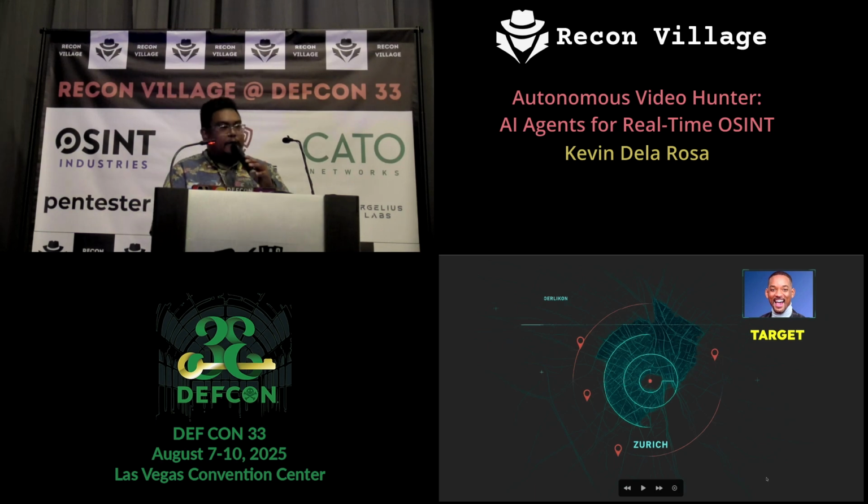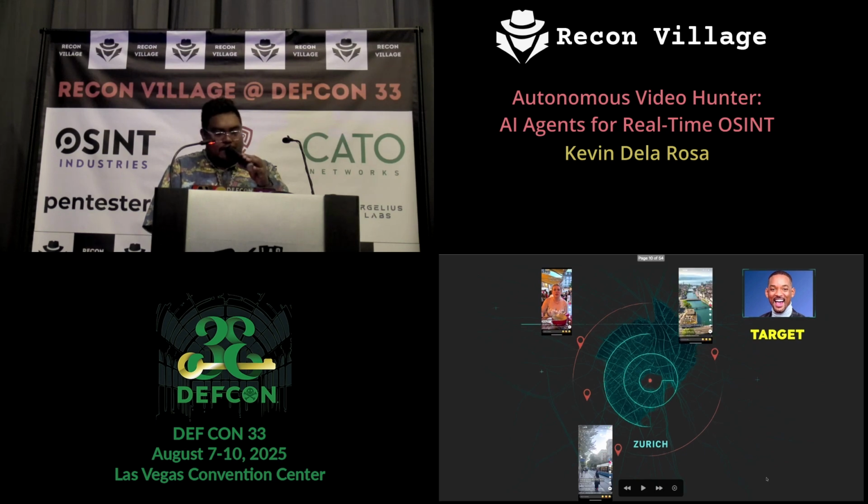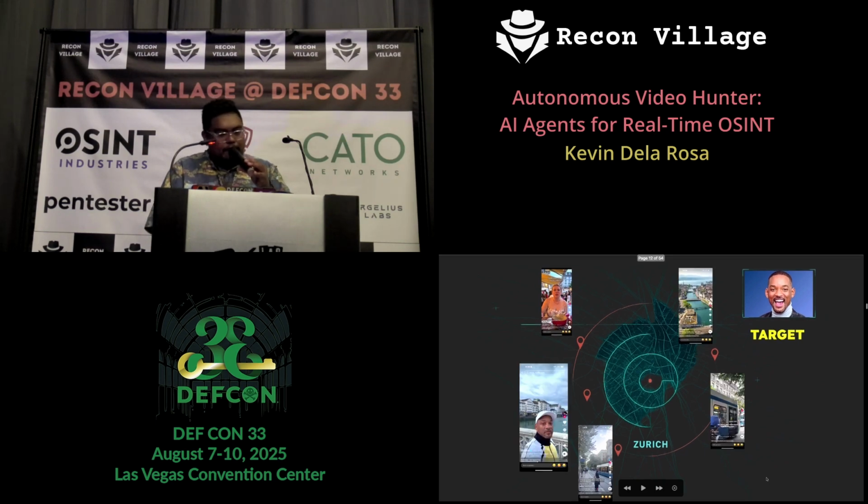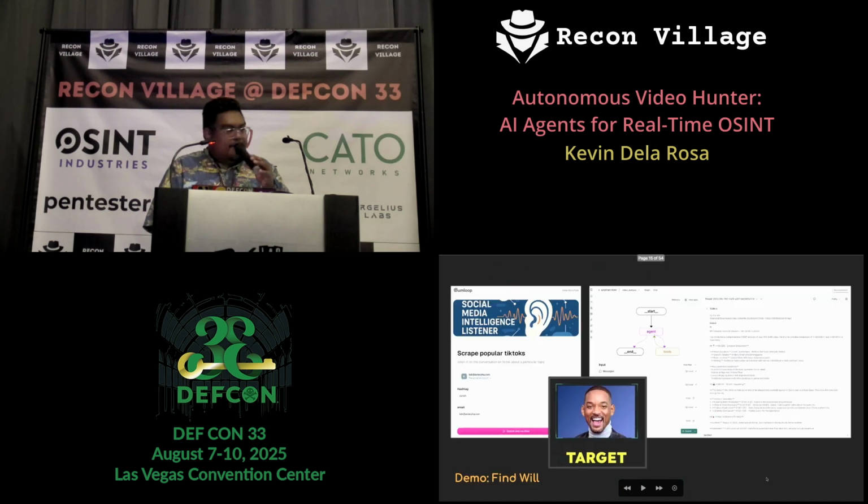If you were doing this manually, you might take a celebrity like Will Smith and fetch the videos as they come in, and you see, okay, Will Smith's not there, not there, not there. But then you find a video that he's in, and you decide to watch it and extract information from it. That's the premise of this first demo.